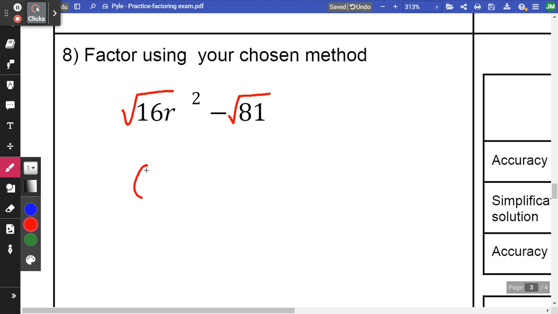Then the square root of 16 is 4. The square root of r squared is just r. So 4r for both of these in the slots. And now we have alternating signs, so plus and minus. And the square root of 81 is equal to 9. My final answer is 4r plus 9 times 4r minus 9.